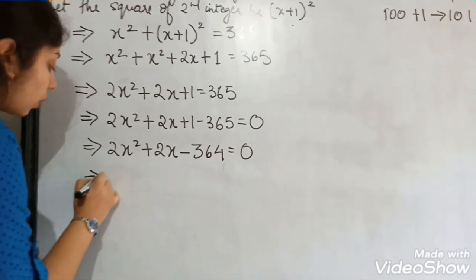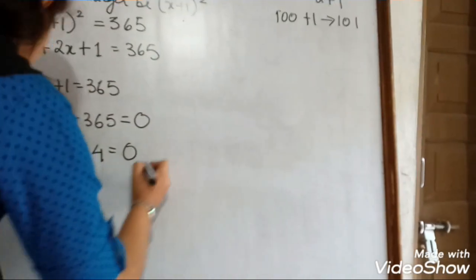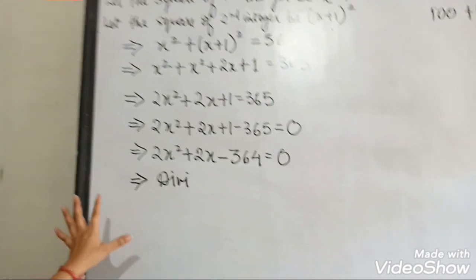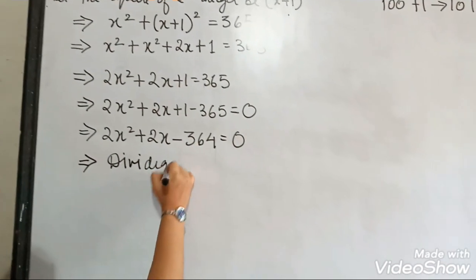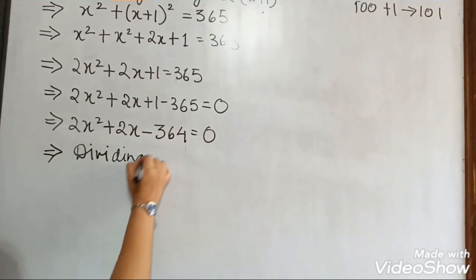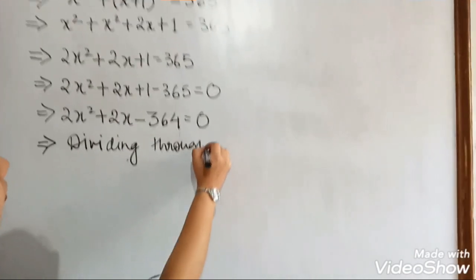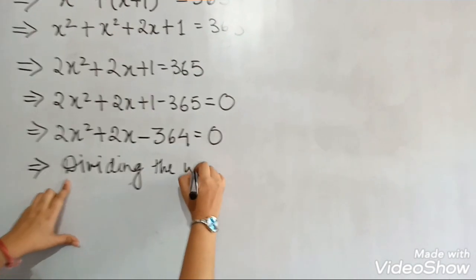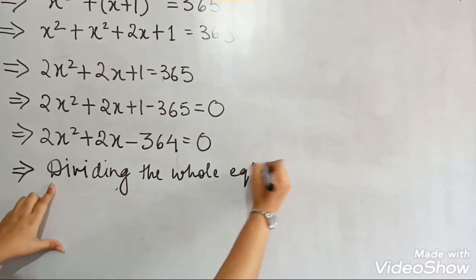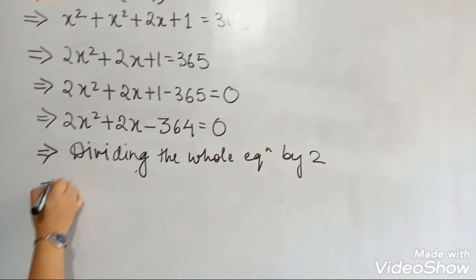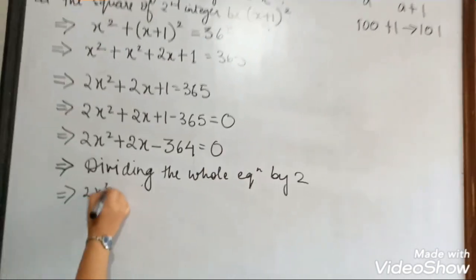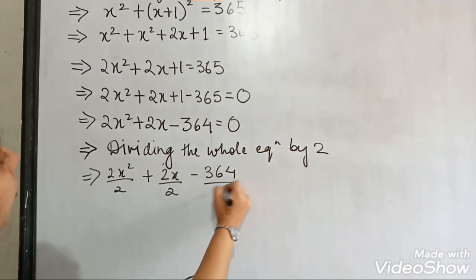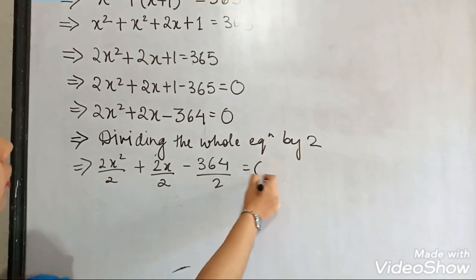Since you can see children, over here we have even numbers, so we can easily divide it by 2. So you will write, dividing throughout by 2. Dividing the whole equation by 2, this will be 2x square upon 2 plus 2x upon 2 minus 364 upon 2 equals to 0, and 0 divided by any number will give you the number 0.